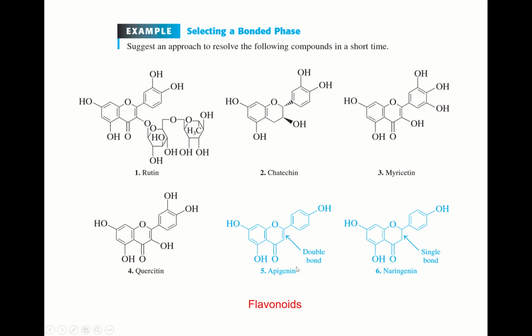Apigenin has a double bond here, and in naringenin this part is a single bond. Other parts are exactly the same. So the question is how to separate these compounds.